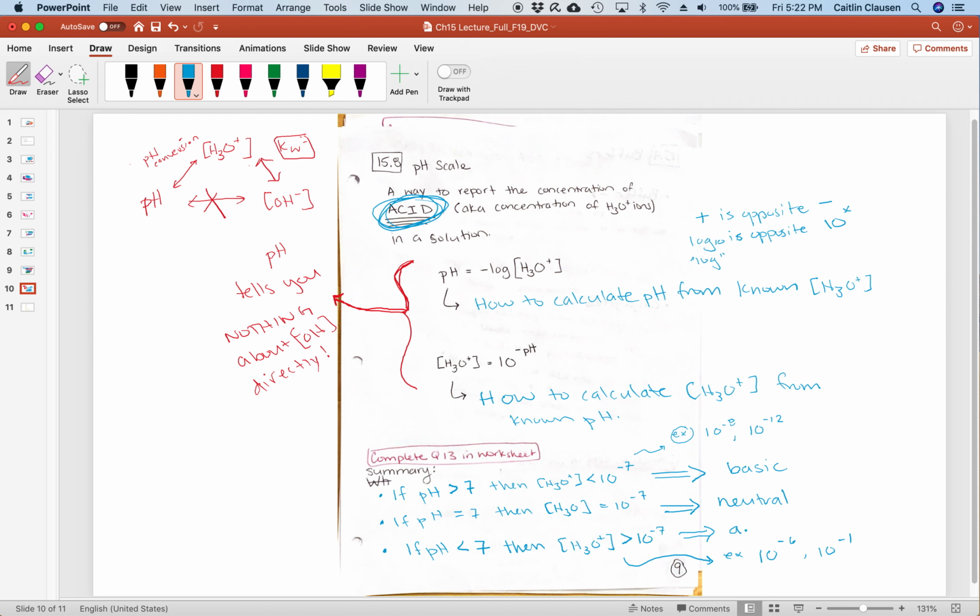And that tells us we have an acidic solution, and the concentration of acid is high, therefore the concentration of hydroxide or base is low. To find out what that number is, I need to use Kw.